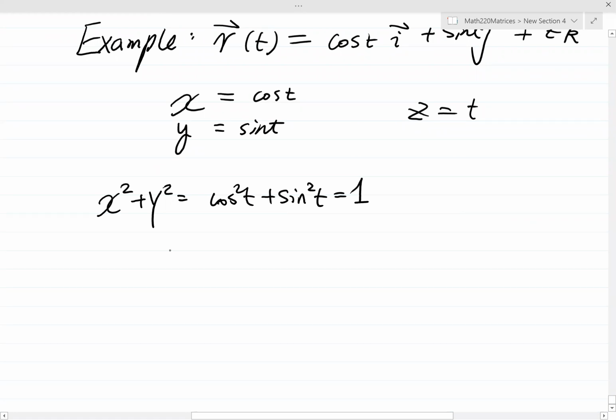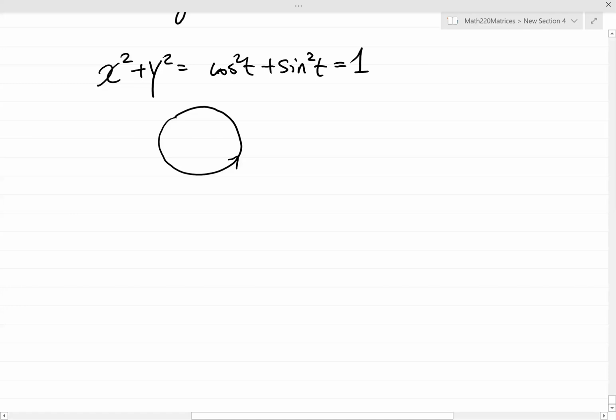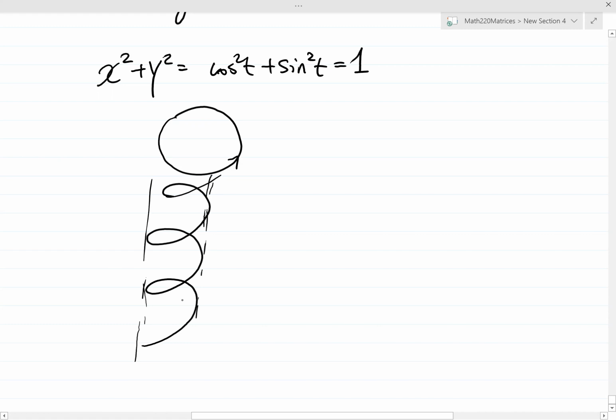So x, y without the z direction is just a circle, moving along the circle. But we have a z movement, so it looks like this. This is the unit circle, and it touches the ground. So this is the helix.